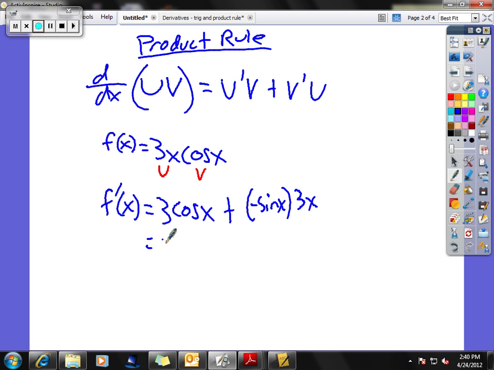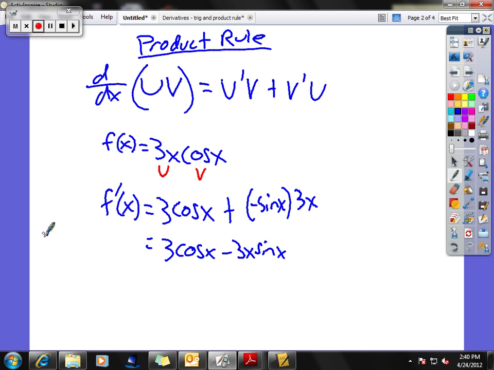So this would be written 3 cosine x minus 3x sine x. You just rearrange it so that the trig function is last, because it makes it more clear that way. It's not an issue of what the argument of the trig function is if you put everything else in front of it. So that would be your derivative.